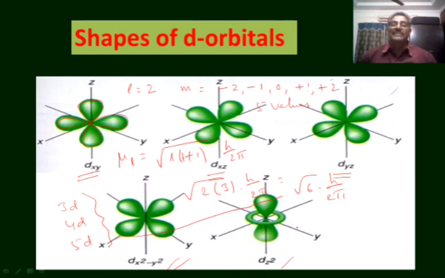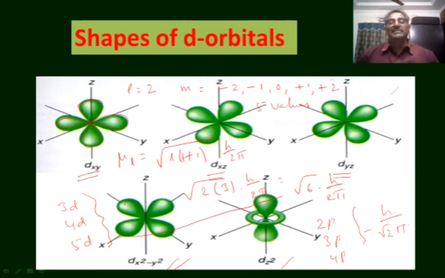In the same way, for any p orbital, whether it is a 2p, 3p or 4p orbital, the angular momentum is square root of 1 into 1 plus 1, that is square root of 2 into h by 2 pi, that is h by root 2 pi.